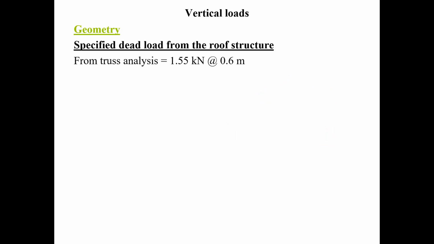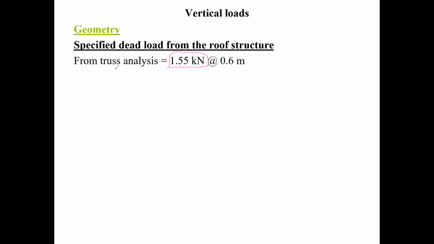And don't forget that our trusses were spaced at every 0.6 meters, which coincides with the spacing of our studs, so we're looking at the same tributary width. I went to ADA and I got 1.55 kilonewtons as the dead load. That included the weight of the truss, all the dead load, the superimposed dead load that we put on the roof members, and all the superimposed dead load that we put on the bottom chord.